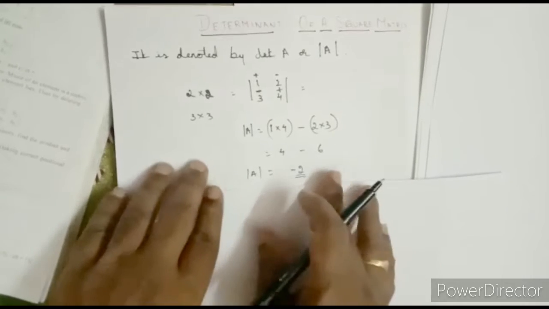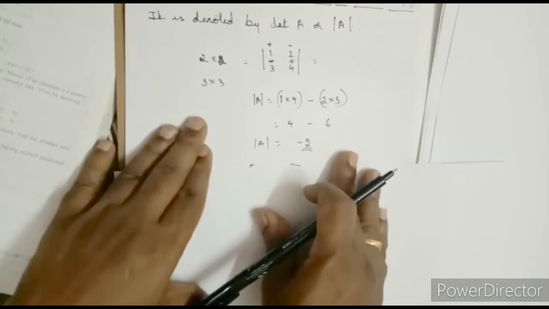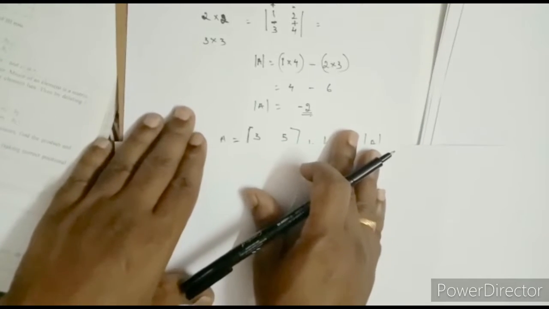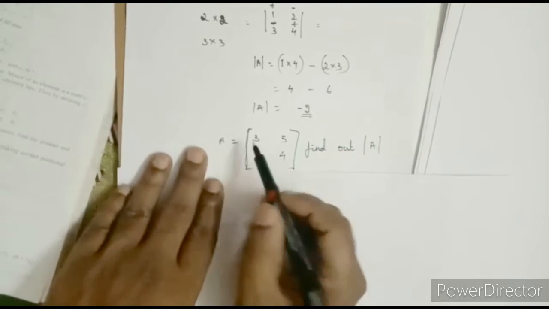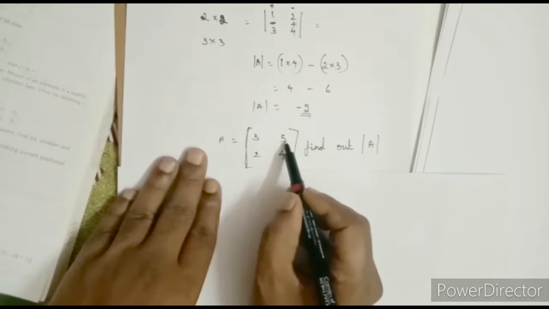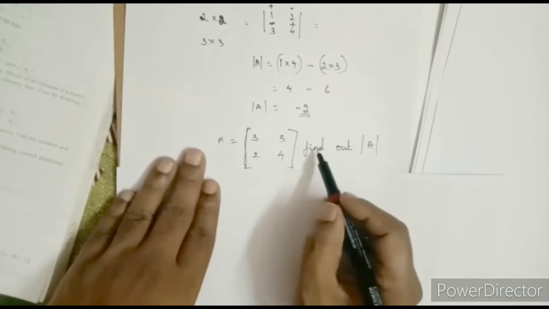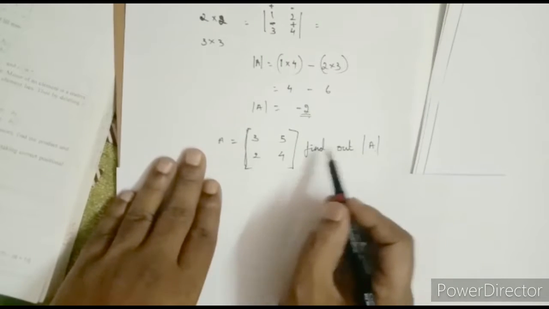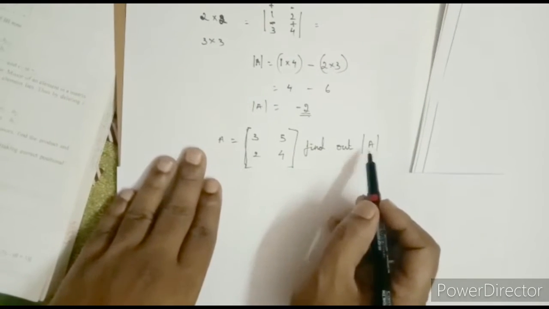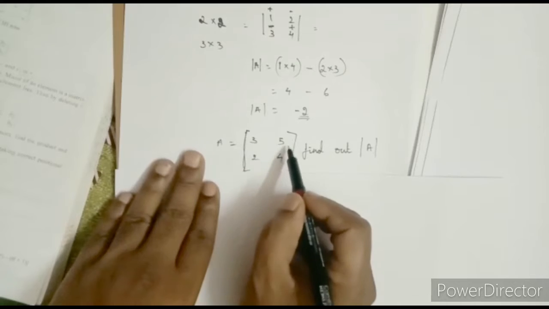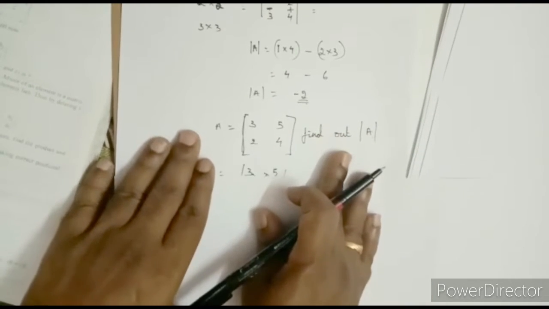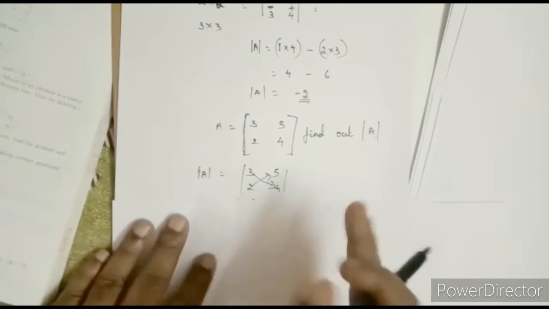That's it. So now let us take one more example for 2 into 2, that is two rows and two columns. A equals 3, 5, 2 and 4. Now they have asked to find out det A. Now we need to find out det A using these elements. Here, as I said, we just need to cross multiply.